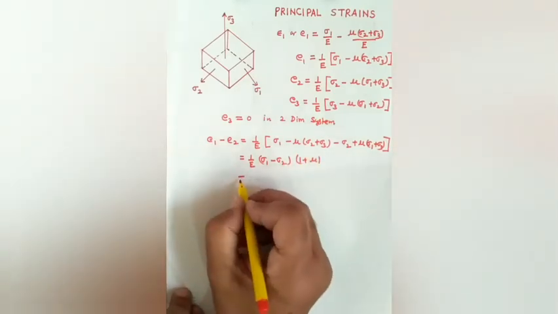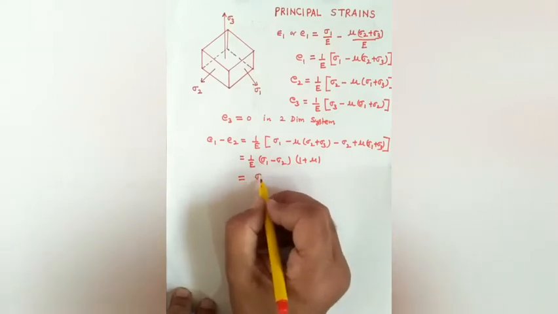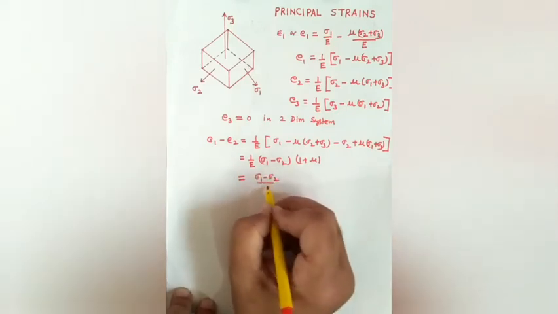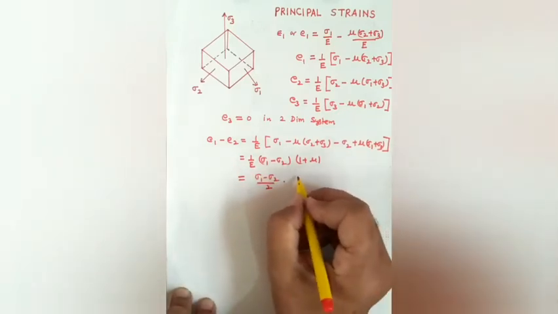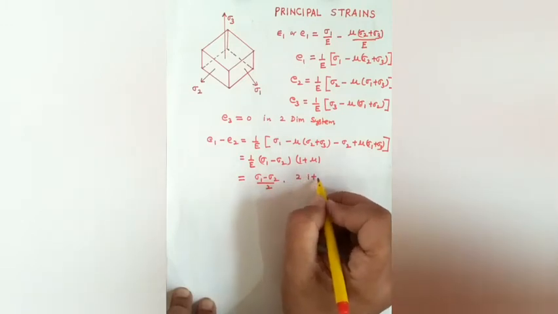Let us write it in another form: (sigma 1 minus sigma 2) by 2, into 2 (1 plus mu) by E.